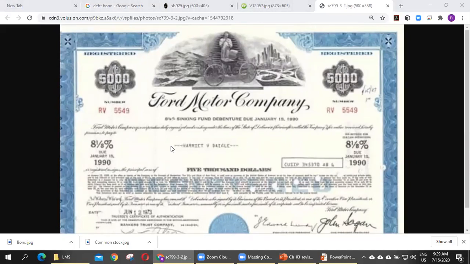Rate of interest? Yes, good. And the due date? Yes, January 1st, 1990. So this is the example.